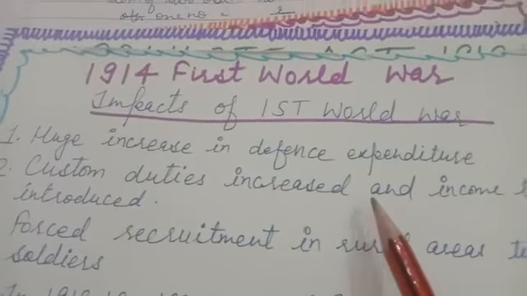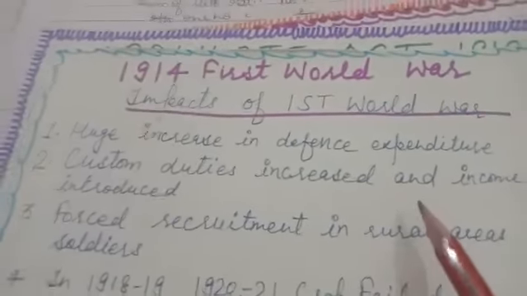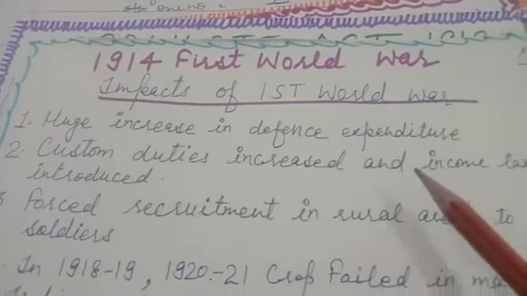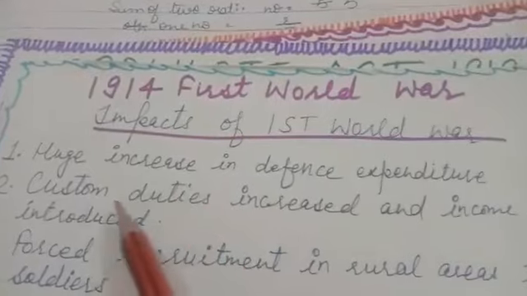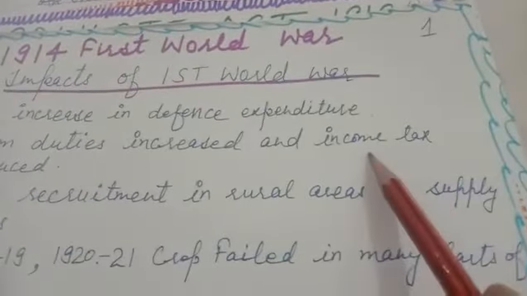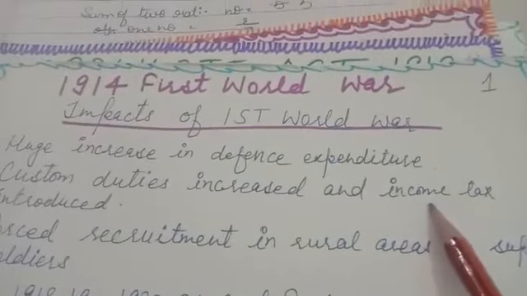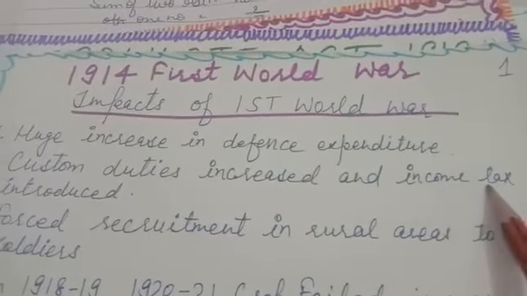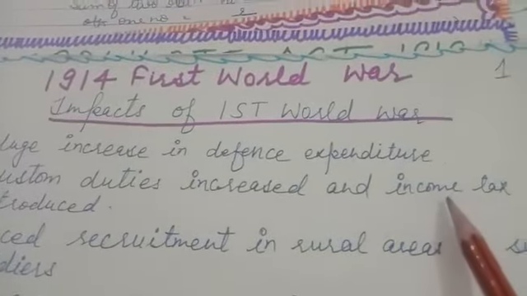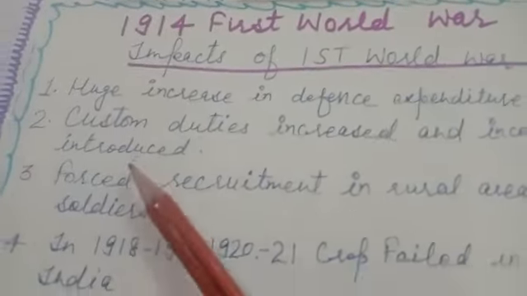Now they had to find some other ways to balance their treasury. So what they did in India, they increased the custom duties and introduced another new type of tax, which was income tax. So in India, income tax was first introduced by the Britishers.